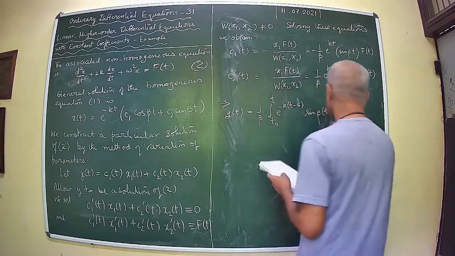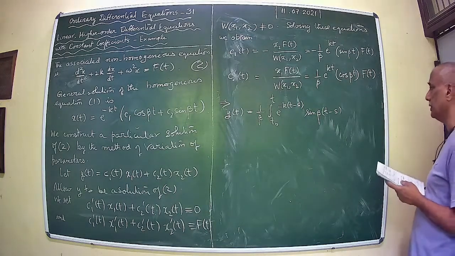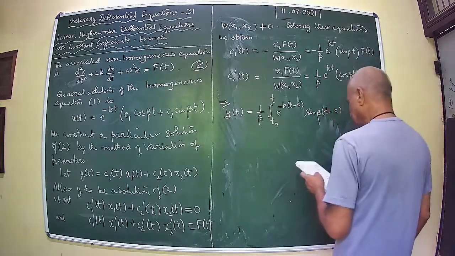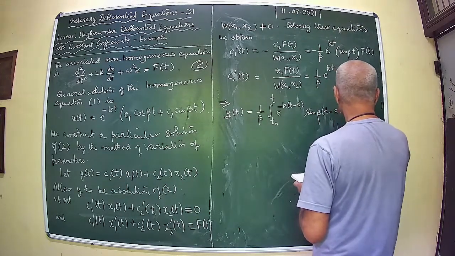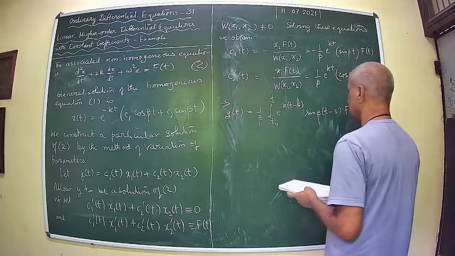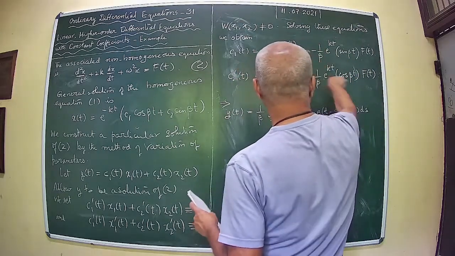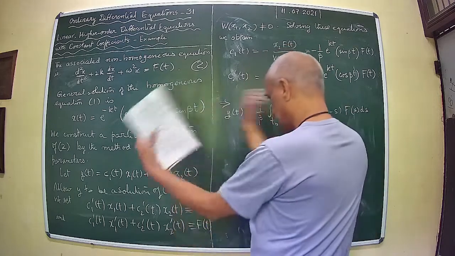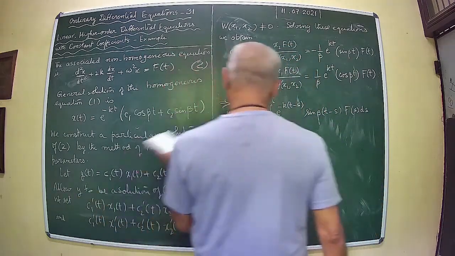When you expand this, you will get both sine beta t and cos beta t terms coming there. Just verify this. Once you get C1 prime and C2 prime, you can integrate it, put it back here and then simplify. This is what you get.